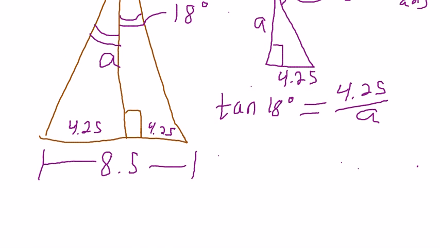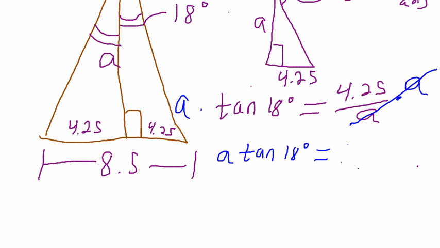Alright, now I don't like A being there on the bottom, and some of you might remember what to do about that. There's kind of a long way and a short way. The long way, kind of the regular way I guess, is to multiply both sides by A. And that way it'll go away from the bottom, it actually just moves over to the left side. And so I have A times tangent of 18 degrees equals 4.25.